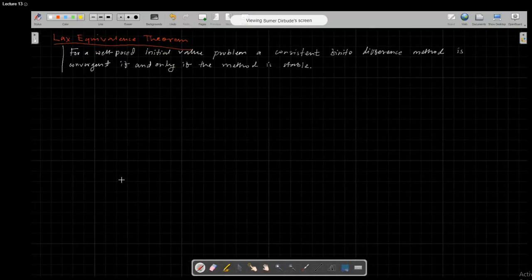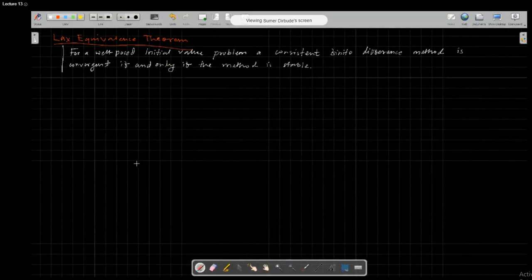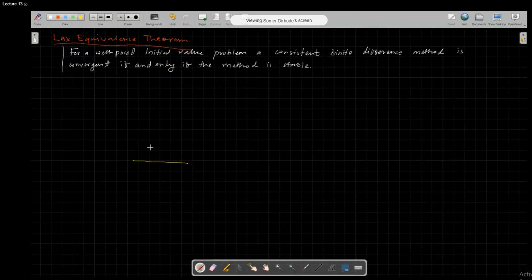Now suppose these are x and we are moving in time. This is 0, 1, 2, like that. Now if I want to use a scheme here, what scheme should I use?